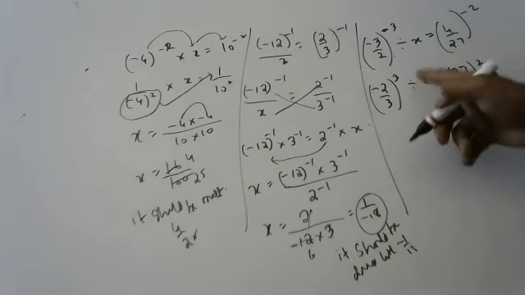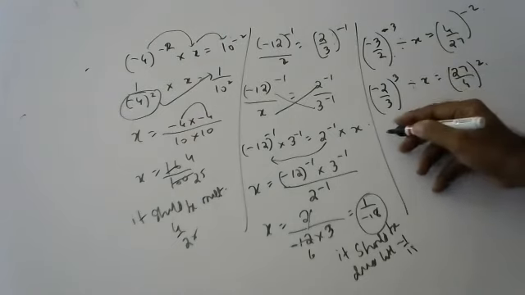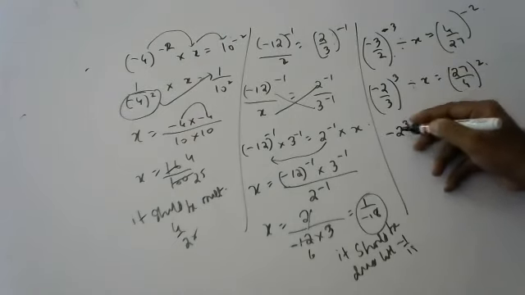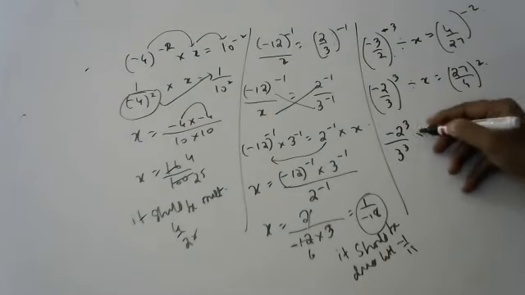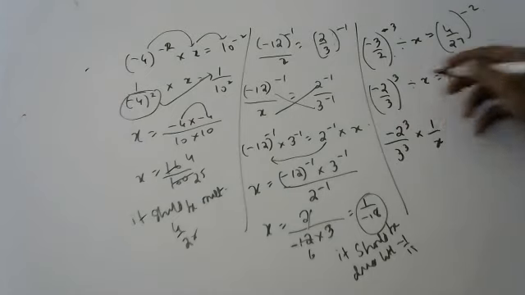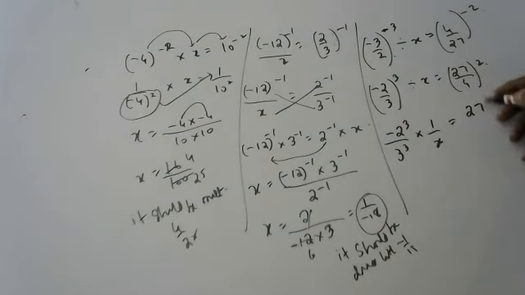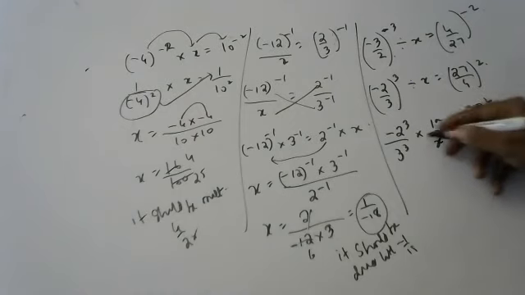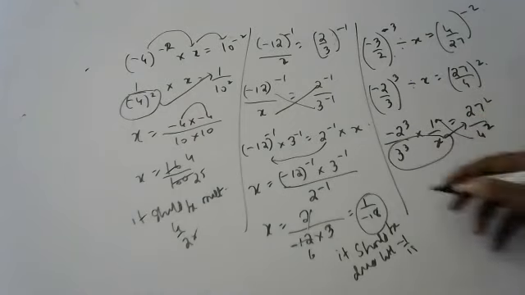Now if I remove here division, what will you get? Multiplication, into 1 by x. If I put it into 1 by x, it is 27 square by 4 square. Go for the cross multiplication. 3 cube is equal to 27. This will come here, this both will go here. Tell me cross multiplication.